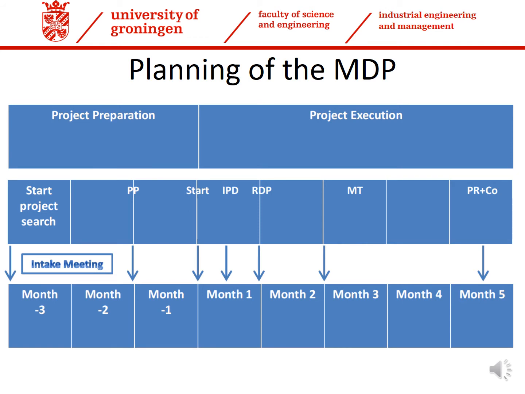Now, let's assume that you start the project. So there are 4 deliverables: the initial problem description, the research and design plan, the midterm report, and the project's report plus your colloquium. Now, this happens in a matter of 5 months after the project proposal is approved. The proposal sometimes is approved at the start, and then you start working immediately after that.